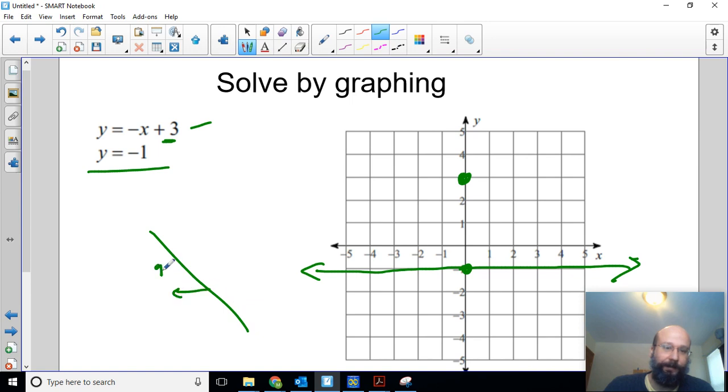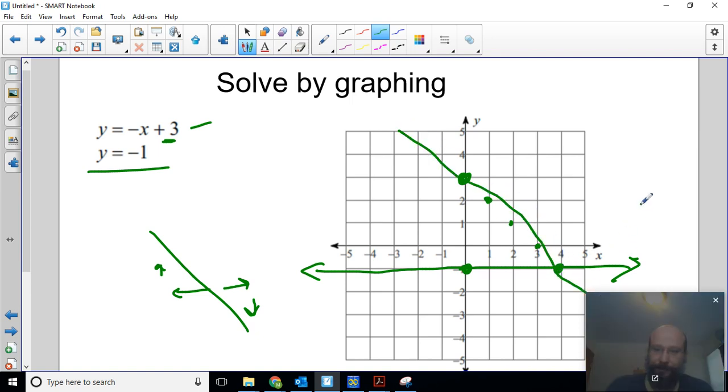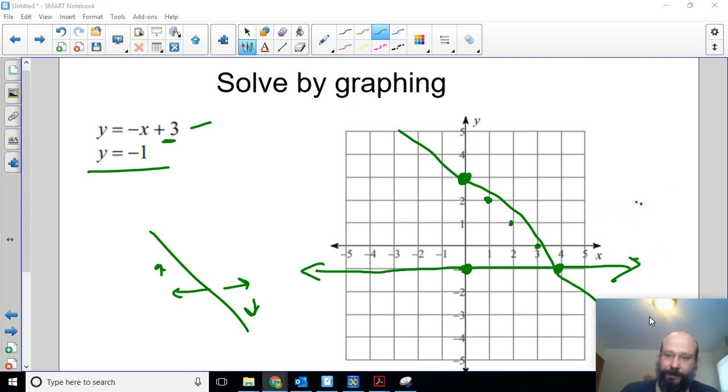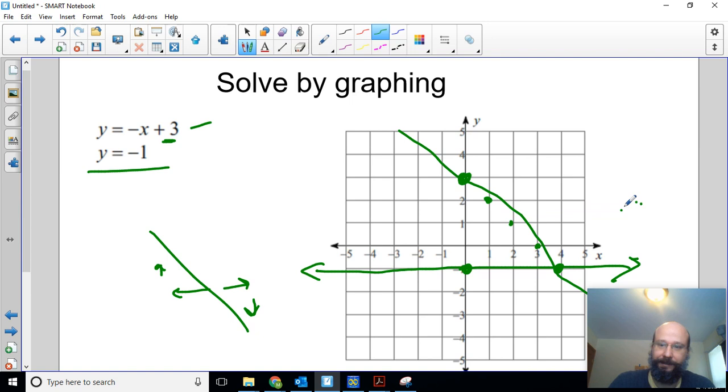So over and up, or to the right and down. So 1, 1, 1, 1, 1, 1, 1, 1. So that's my line. And this point where they cross is your answer. And this point is 4 on the x and negative 1 on the y.